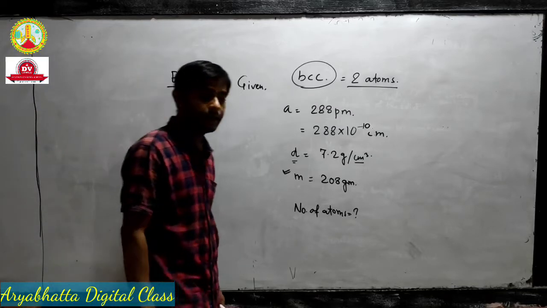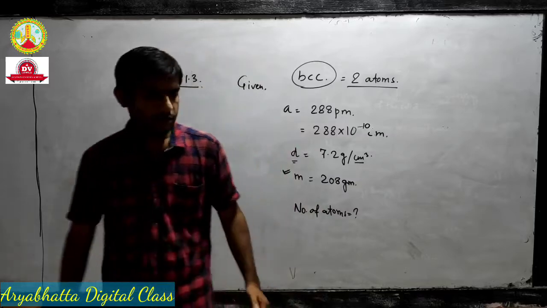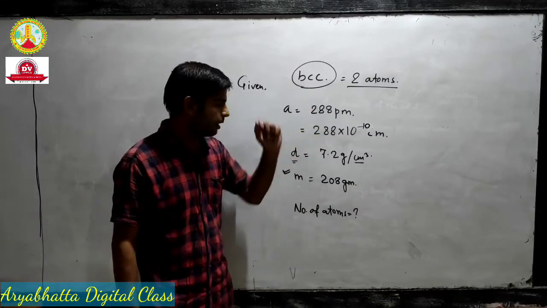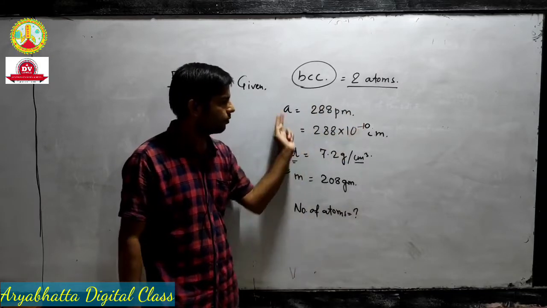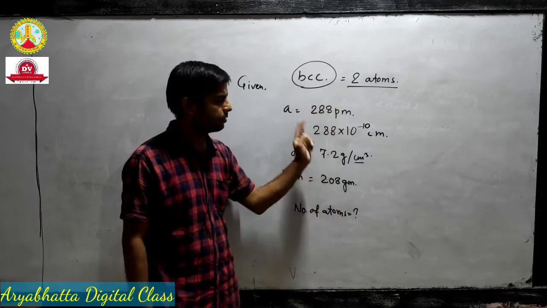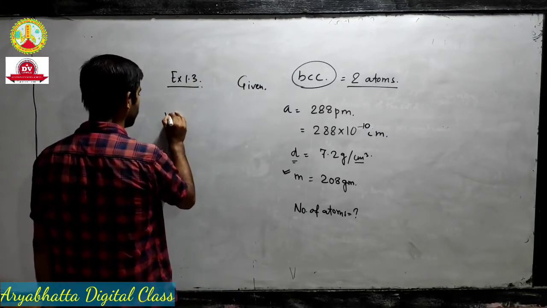Now how can we calculate the mass of a single unit cell? We have been given the edge length, so we can calculate the volume of one unit cell.